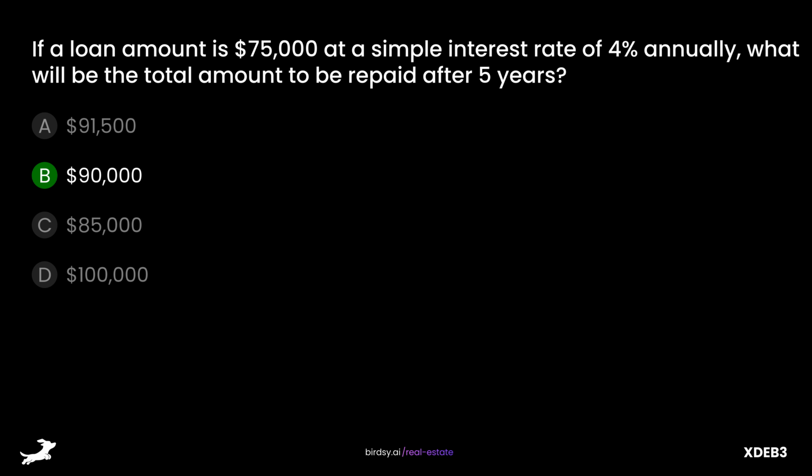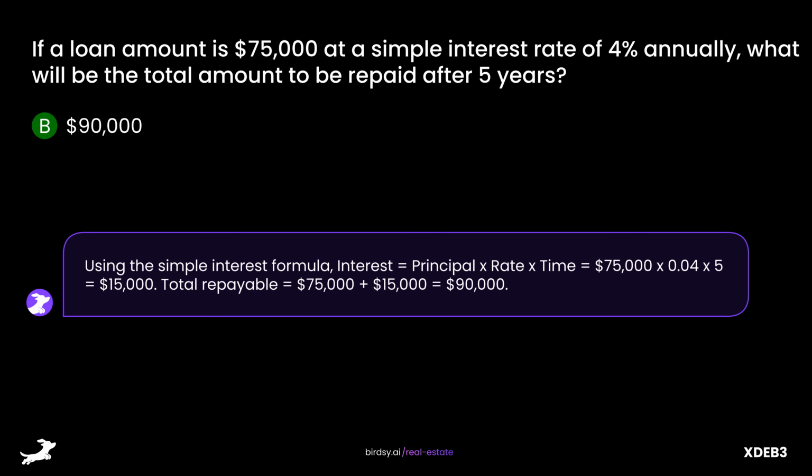The answer is B, $90,000. Using the simple interest formula, interest equals principal times rate times time. $75,000 times 0.04 times 5 equals $15,000. The total repayable is $75,000 plus $15,000, which equals $90,000.